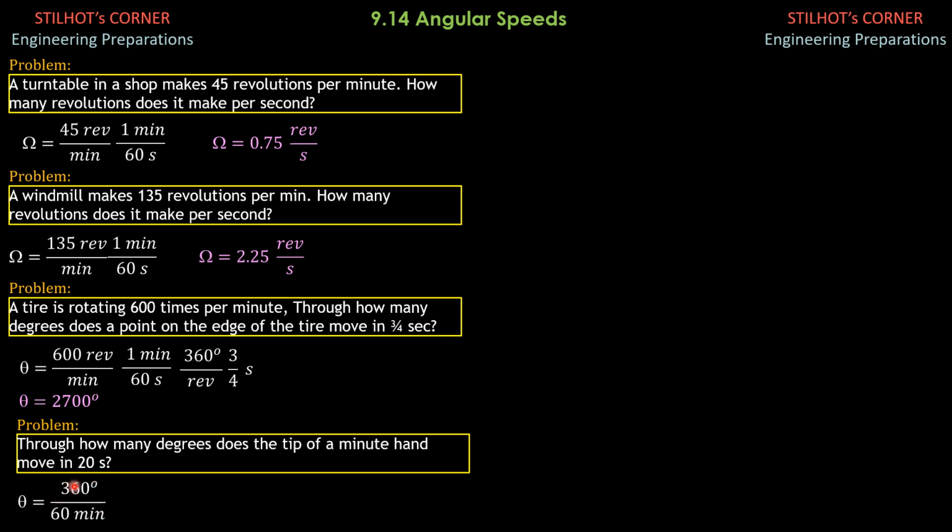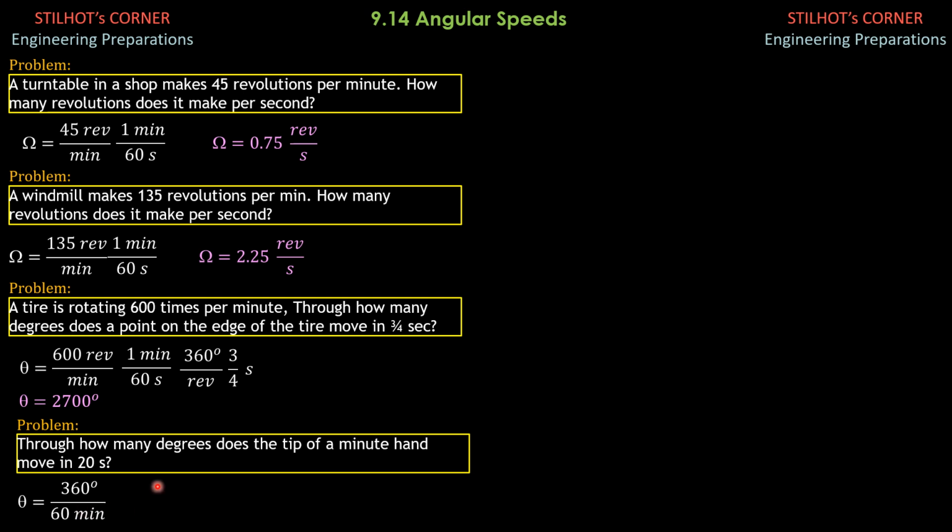So the angular speed of the minute hand is 360 degrees divided by 60 minutes, which is 6 degrees per minute, or 30 degrees every 5 minutes.